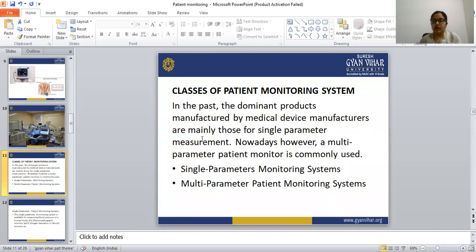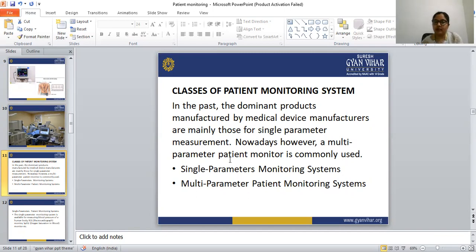A single parameter measurement machine means we can only measure one physiological parameter. If you buy a BP machine, you can only check the BP of the patient. If we buy a sugar checking machine, we can only check the blood glucose level. This single parameter machine is commonly used in houses.